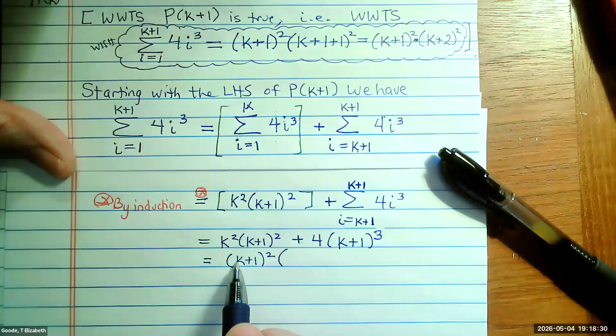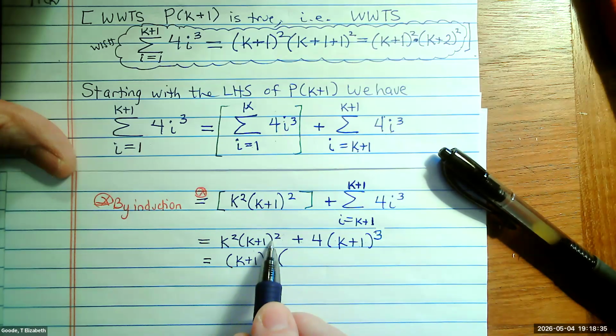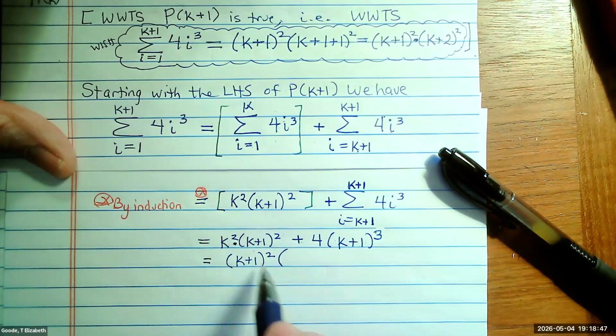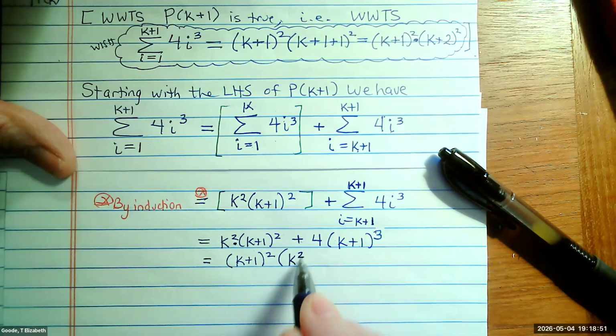No, we're pulling the k plus 1 squared out front. What's left when we factor k plus 1 squared out of this first expression? It's just k squared, because this is really k squared times k plus 1 squared.